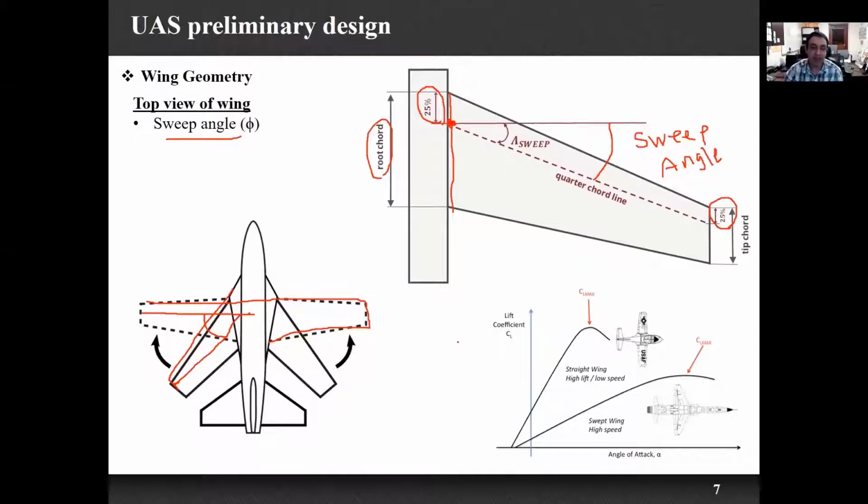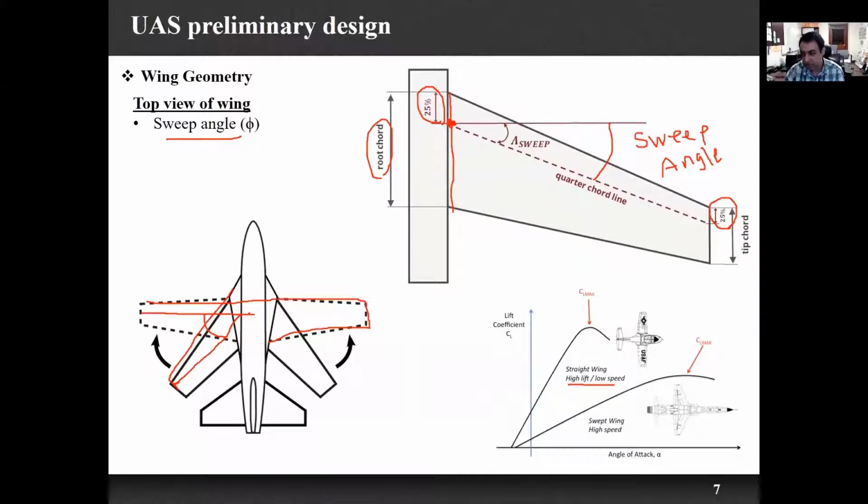So what is the main reason for adding this angle to our airplanes? For the airplanes that have no sweep angle, or have the straight wing, like the simple rectangular wing shape, we have the higher value of the lift, but we have less speed.